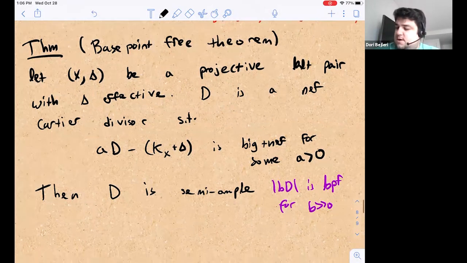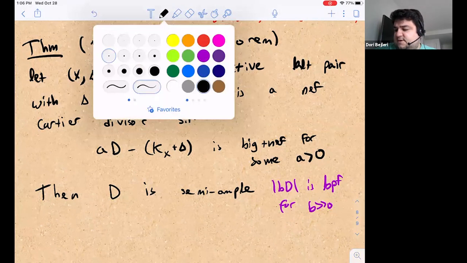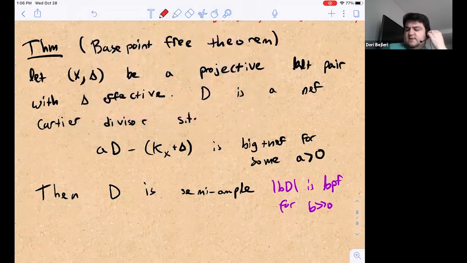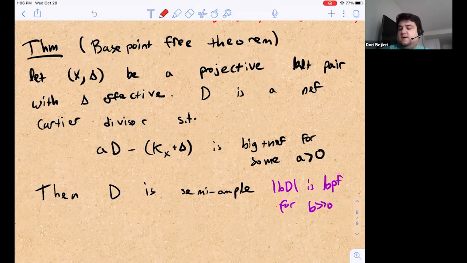Okay, and another way to think of this, a lot of these theorems are sometimes phrased, including the Kawamata-Viehweg vanishing. We didn't phrase it this way, but oftentimes they're phrased in this form of AD minus log canonical divisor satisfying some property.